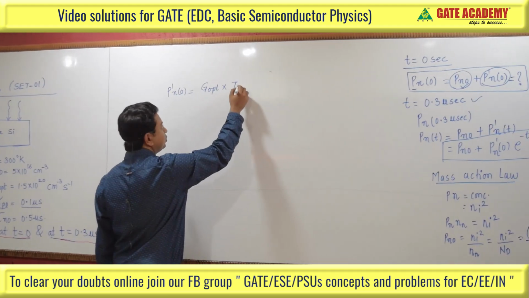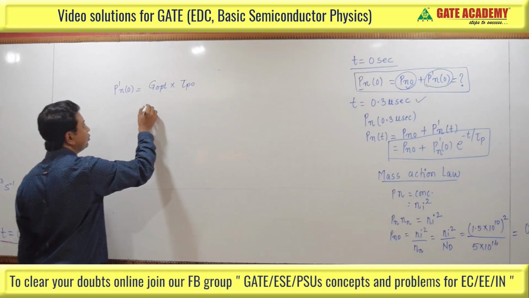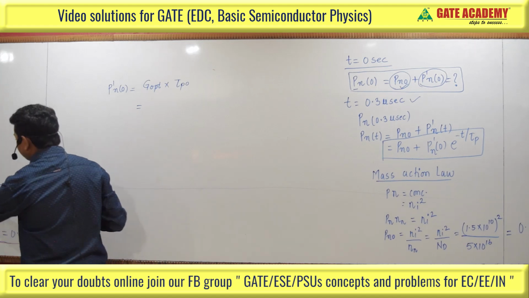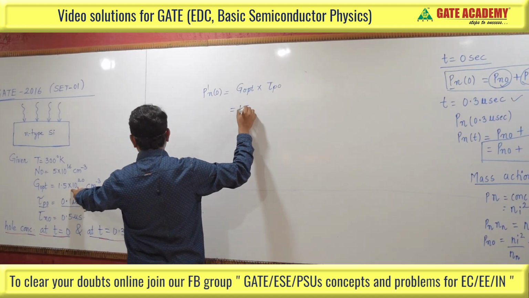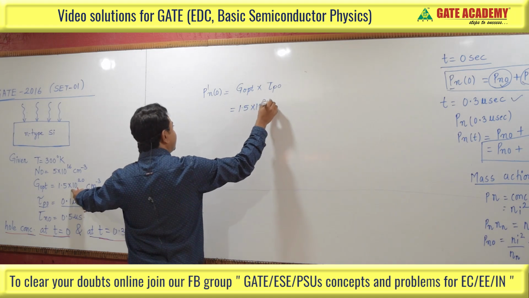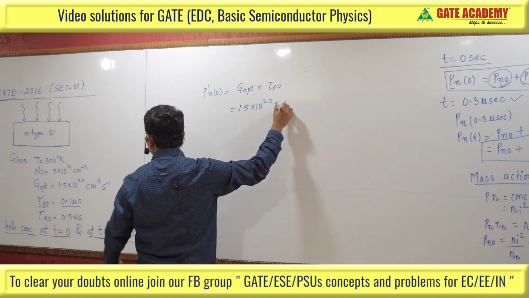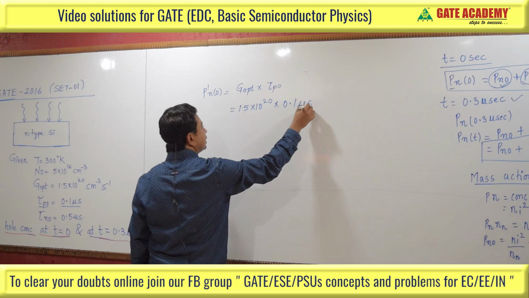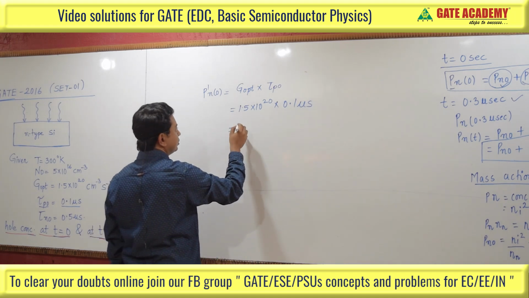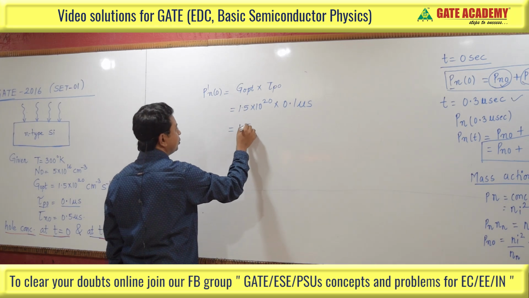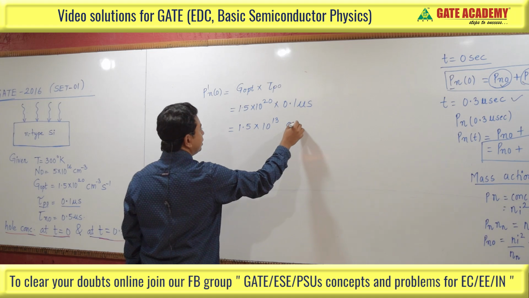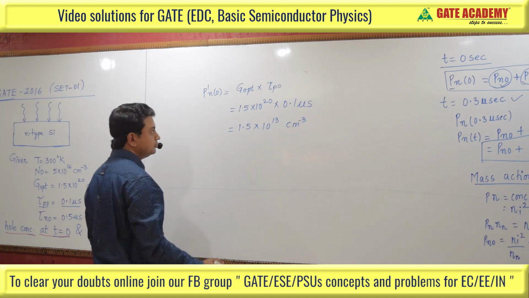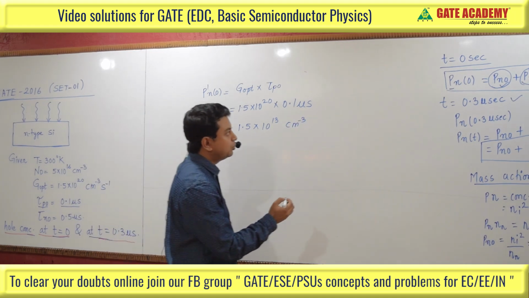Both values are given in the question. This G opt is 1.5 into 10 to the power 20, and this is 0.1 microsecond. If you multiply these two, we get the answer, which is 1.5 into 10 to the power 13 per centimeter cube. This is the correct answer, and we have got both these values.